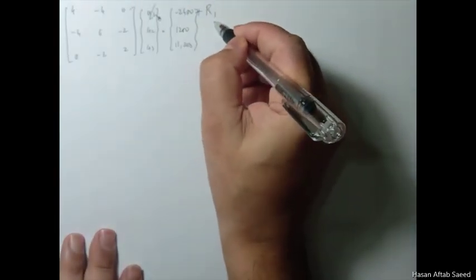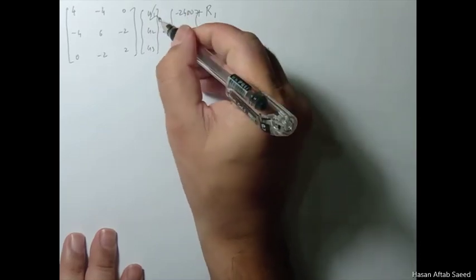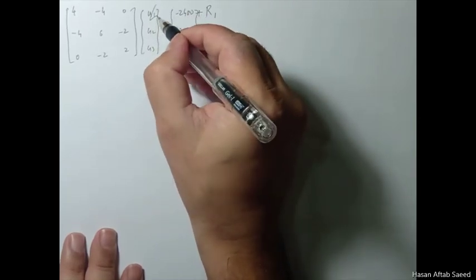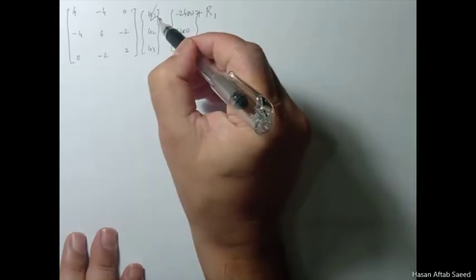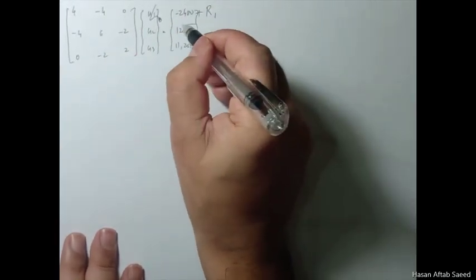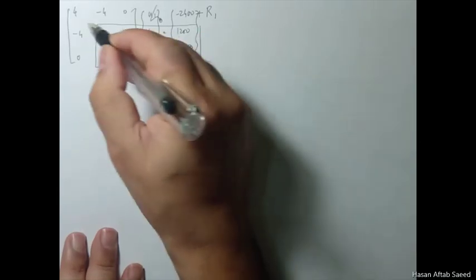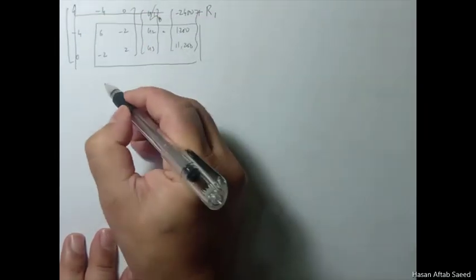Because this is 0, this multiplies with all of these, so we can ignore these, and we already know this is 0, so we don't need this either.